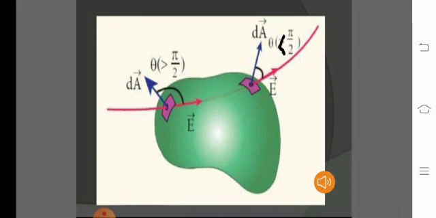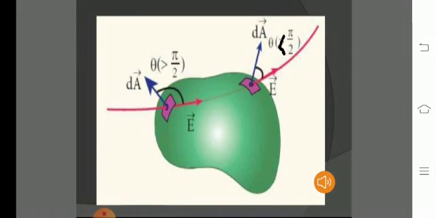Similarly, where the electric field leaves the surface, the angle θ between E vector and dA vector is less than 90 degrees, less than π by 2.